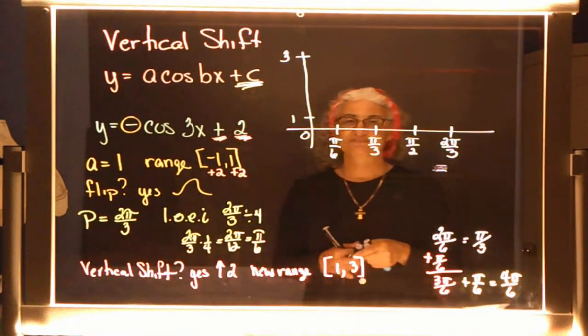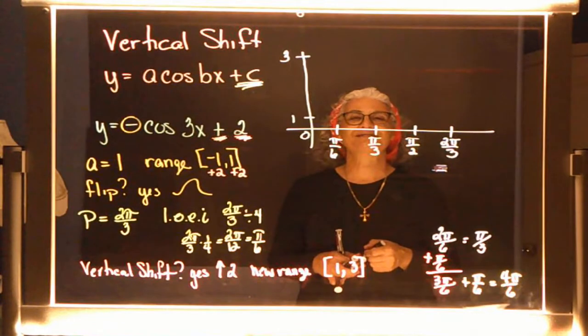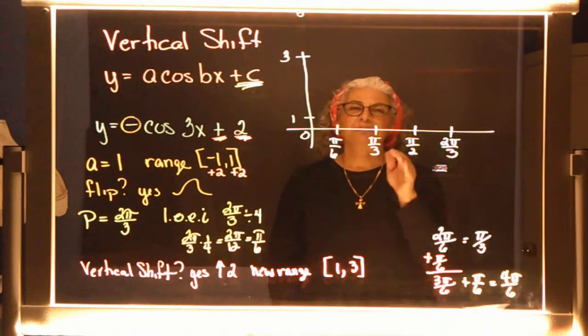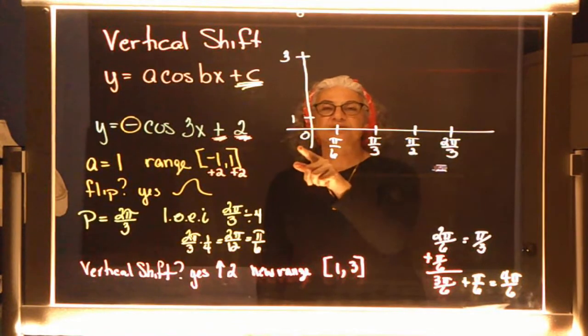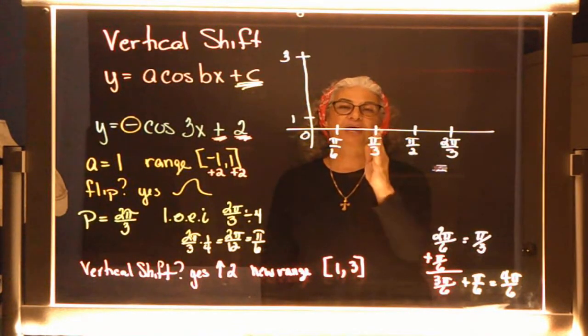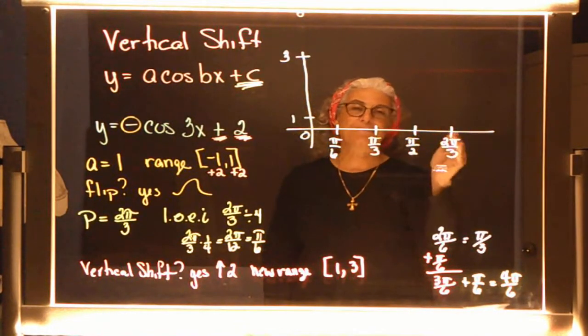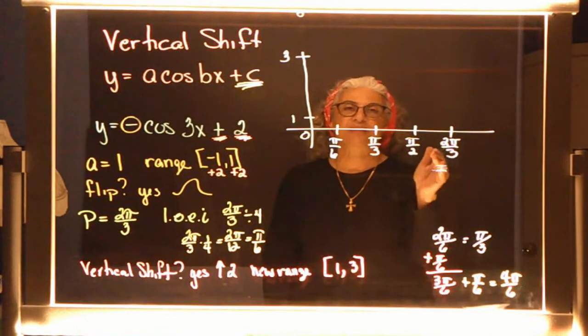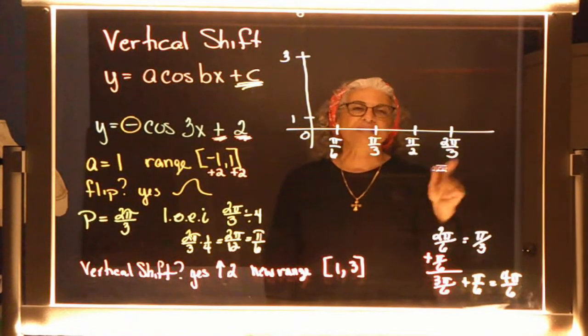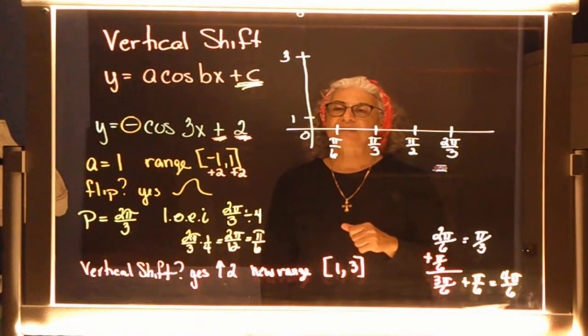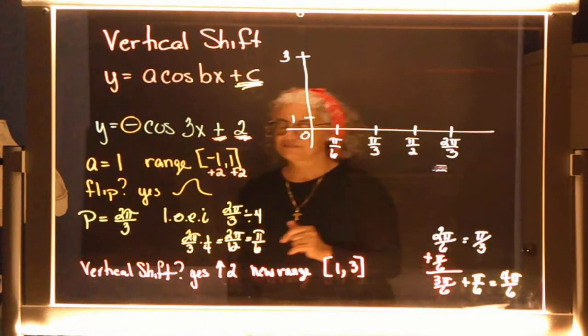Now, time to graph. You ready? Remember, when you plug these in, you will always end up at 0, pi/2, pi, 3 pi/2, and back to 2 pi. Remember that. You are always going to end up with those normal 5 radian measurements. Got it? Okay.